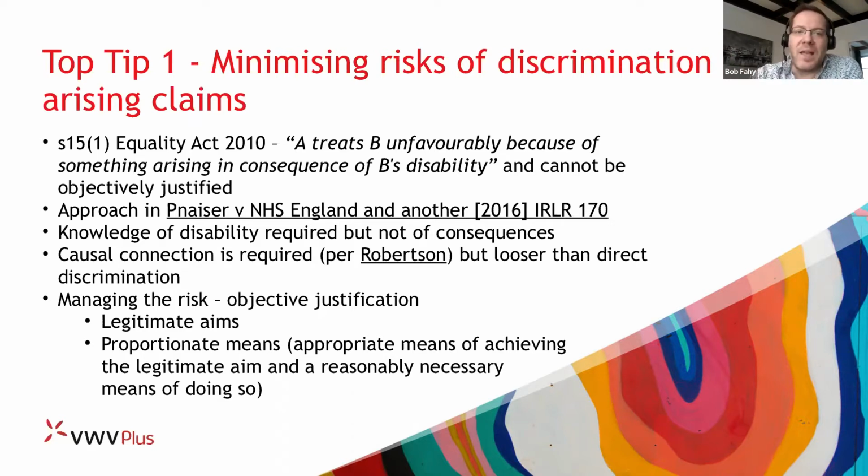So where that takes us is that you have, certainly compared to, for instance, direct discrimination claims, only a relatively loose causal connection required. I've mentioned the case of Robertson on the slide, and that I think shows the limits and shows that there does need to be this chain of a disability, an outcome or consequence of the disability, and less favorable treatment because of that consequence, the something in the definition. It is required.